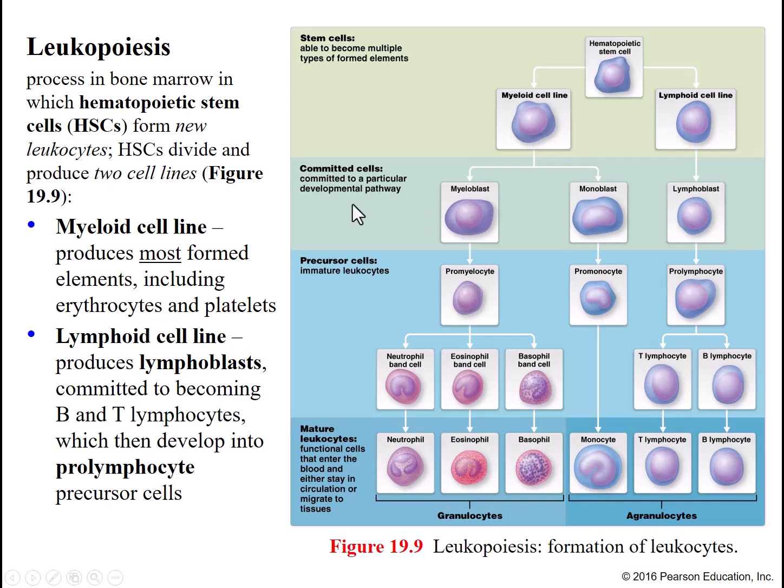And so you go to the committed cells, which are the myeloblast, the monoblast, the lymphoblast, then our precursor cells, promyelocyte, promonocyte, prolymphocyte, and then into the neutrophil band cell, eosinophil band cell, basophil band cell, T lymphocyte, B lymphocyte, and then forming our mature cells. So they all come from that hematopoietic stem cell and go down their respective lineages.